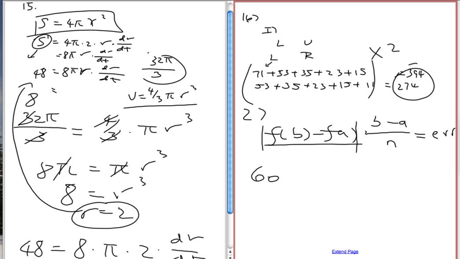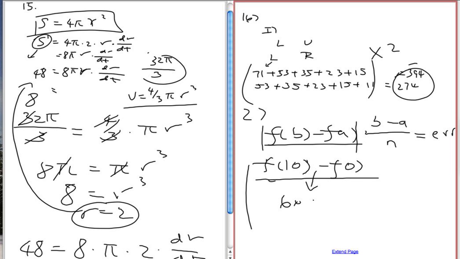This one is 60, because it's 71 minus 11. Okay, I will write. F(10) minus F(0). This will give us a value of 60.